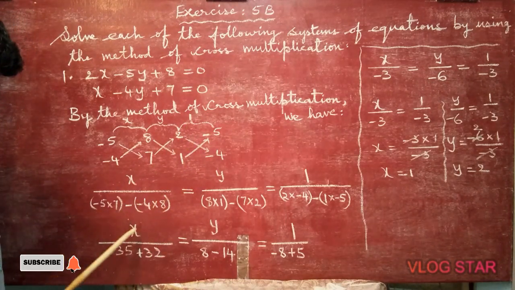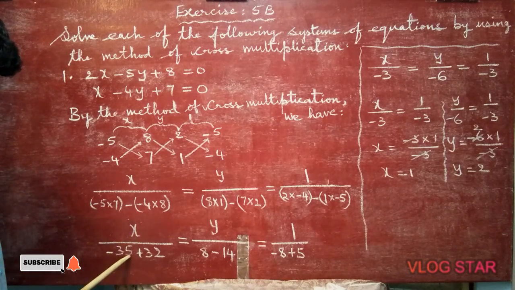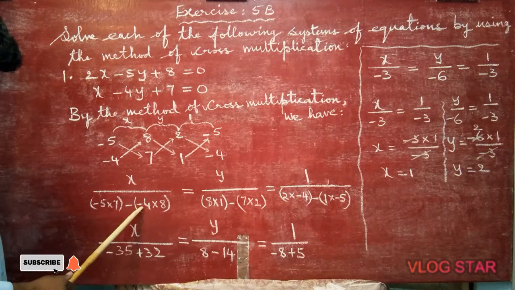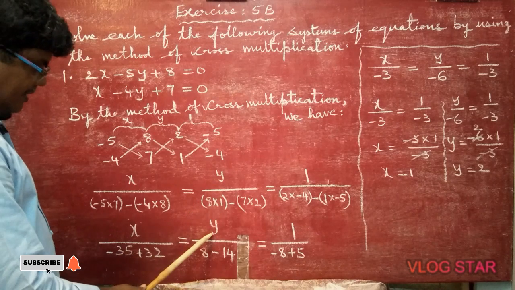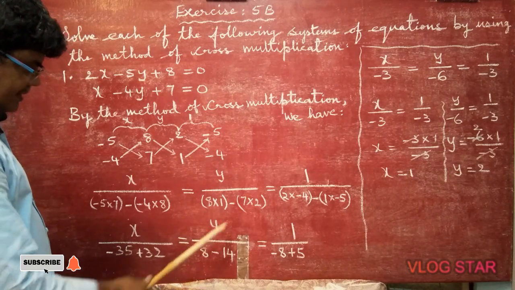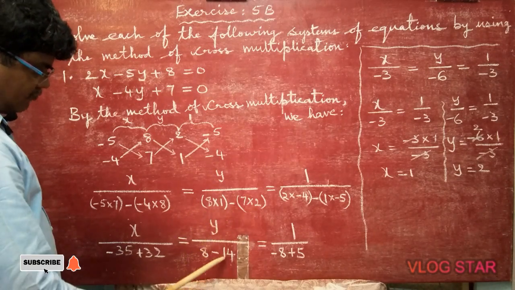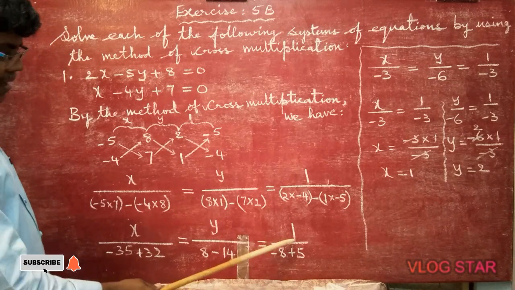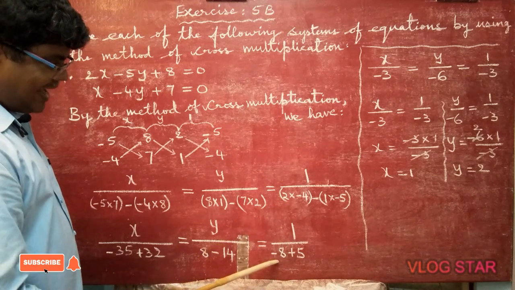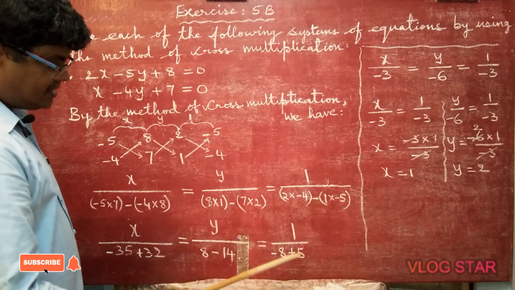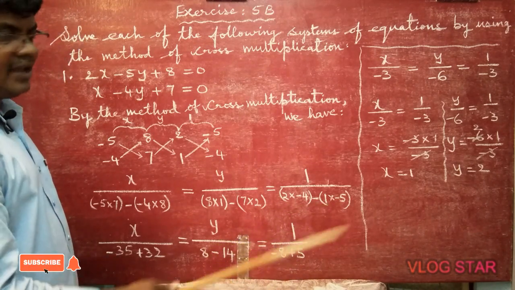Now, x by plus into minus, minus 5 sevens are 35. Minus into minus is plus, 4 eights are 32, is equal to y by 8 ones are 8 minus 7 twos are 14. Next 1 by plus into minus, minus 2 fours are 8, and minus into minus plus 1 fives are 5.